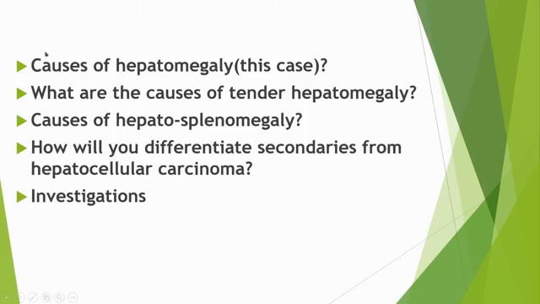When you palpate the hepatomegaly, you should discuss the findings properly, like it is 4 centimeter enlarged in the mid clavicular line, from the costal margin to its lower border. You can also measure the span of the liver by percussion of the upper border of dullness.